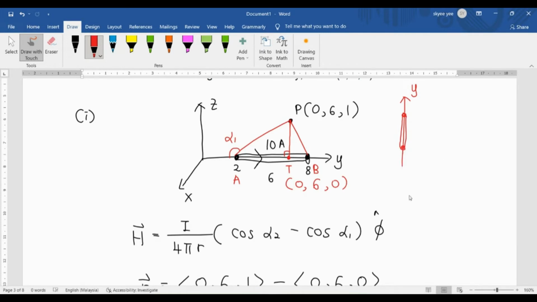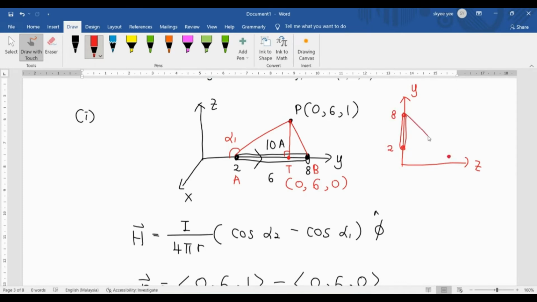So your observation point is Z over here. It is 1. If you redraw it, this is 8, this is 2, 6, and 1.